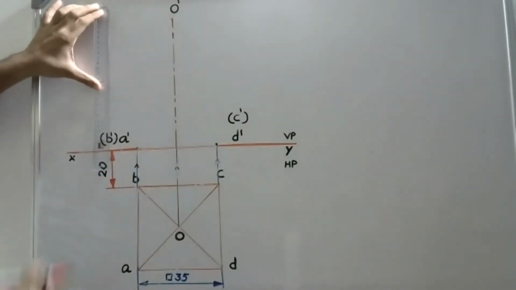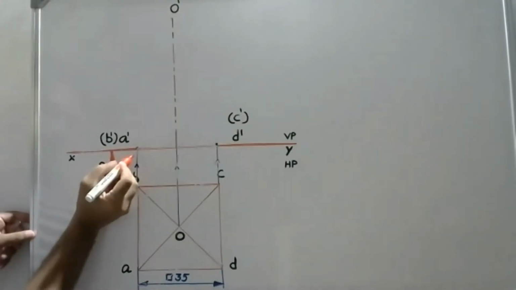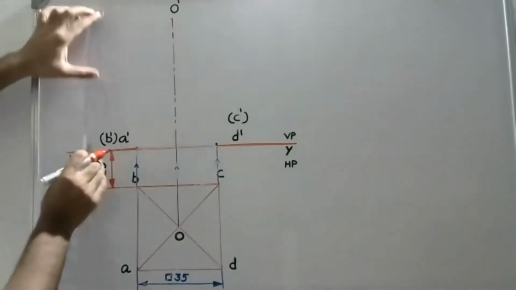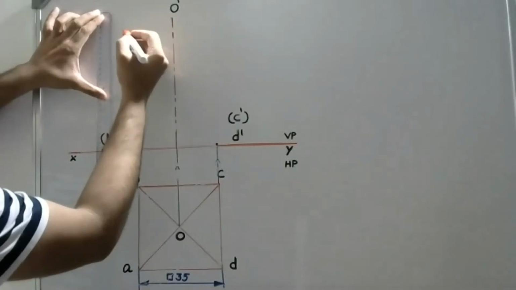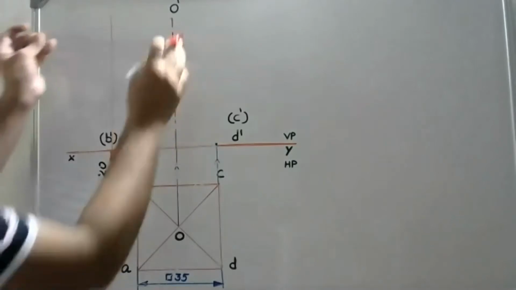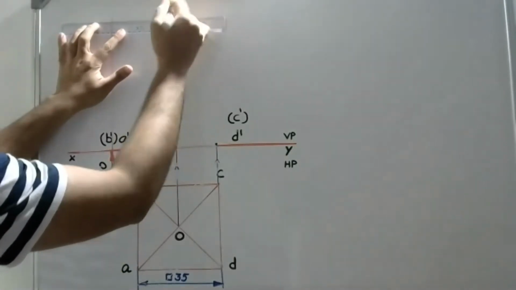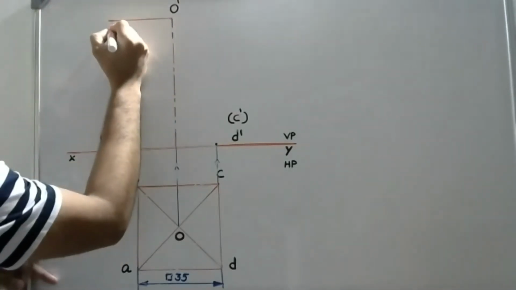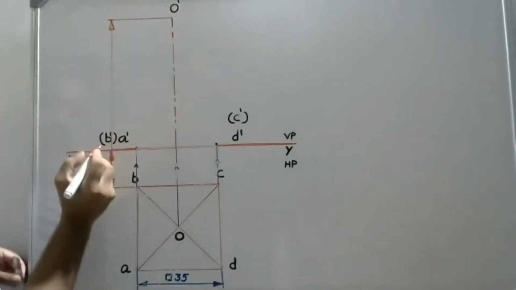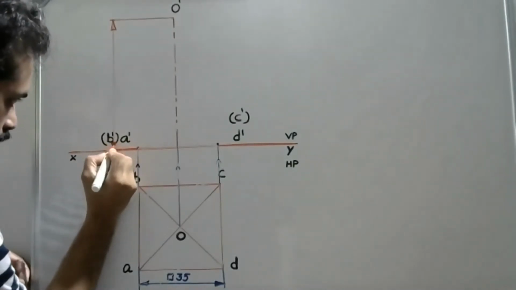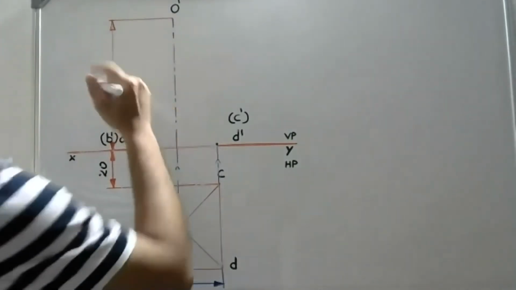When you are dimensioning, the dimension line should start 10 mm from the corner, that is, from A dash, the dimension line should be at a distance of 10 mm to the left. That height is 60.